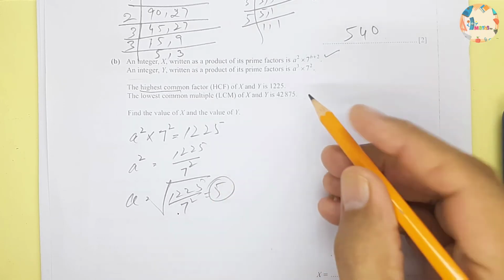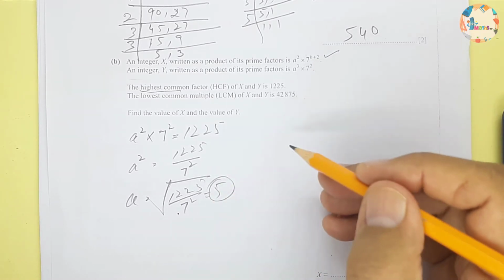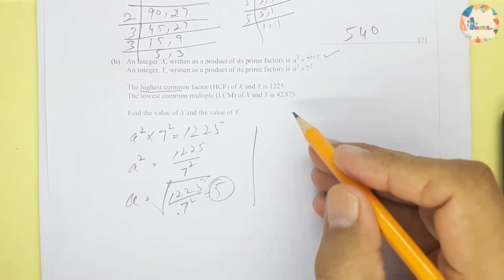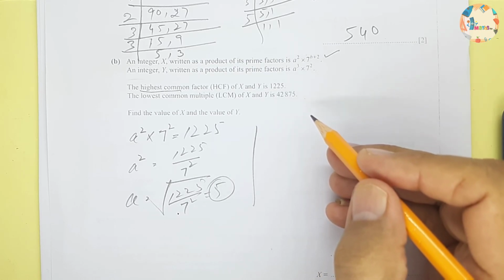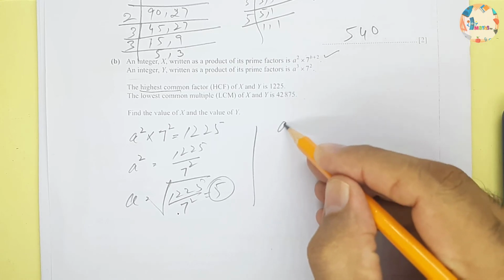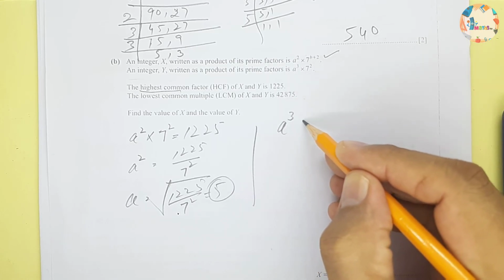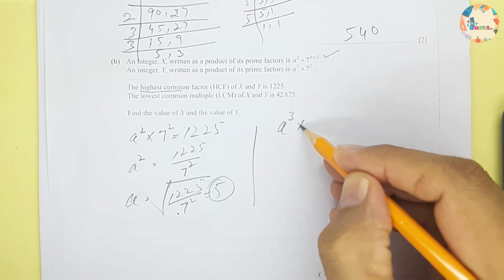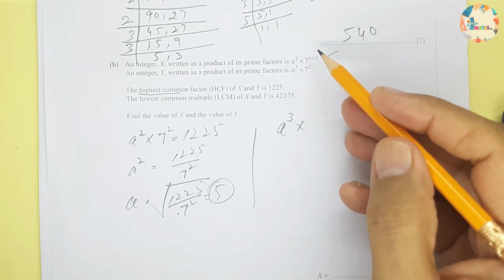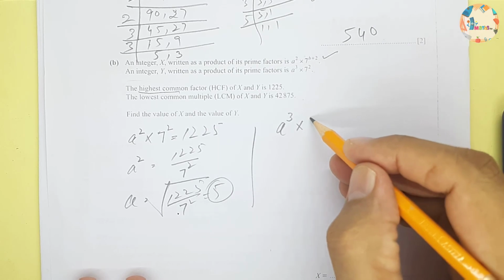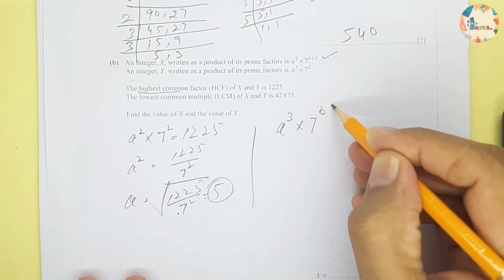This a value will be replaced in this one, and we can get basically a cube into 7b square. If we multiply, this one will be 7b square.